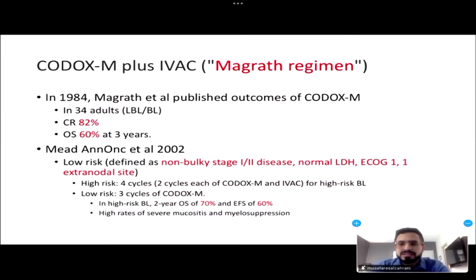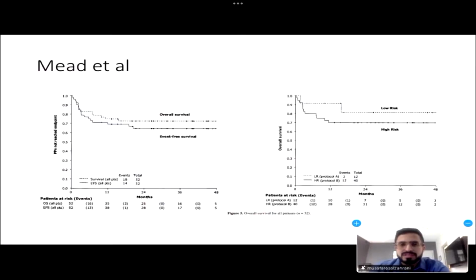For high-risk patients, they gave the full McGrath protocol with 2 cycles of CODOX-M and 2 cycles of IVAC-R, whereas for low risk, they only gave 3 cycles of CODOX-M. With this, the 2-year overall survival was quite good, with 70% overall survival and event-free survival of 60%. However, there were high rates of severe mucositis and myelosuppression.